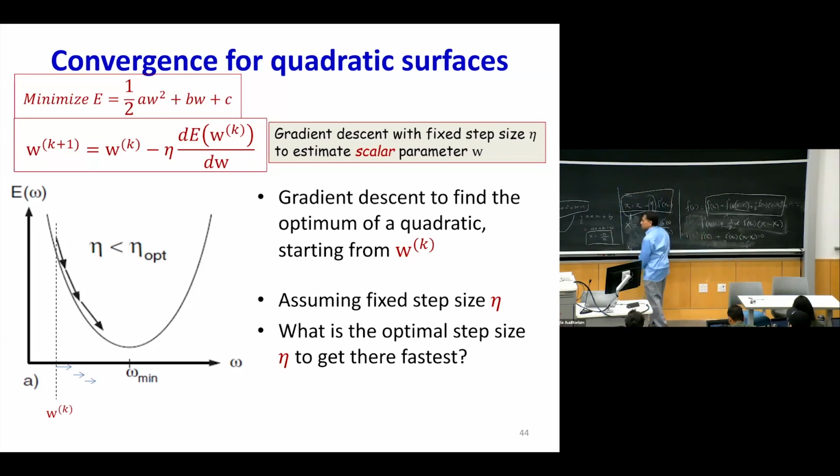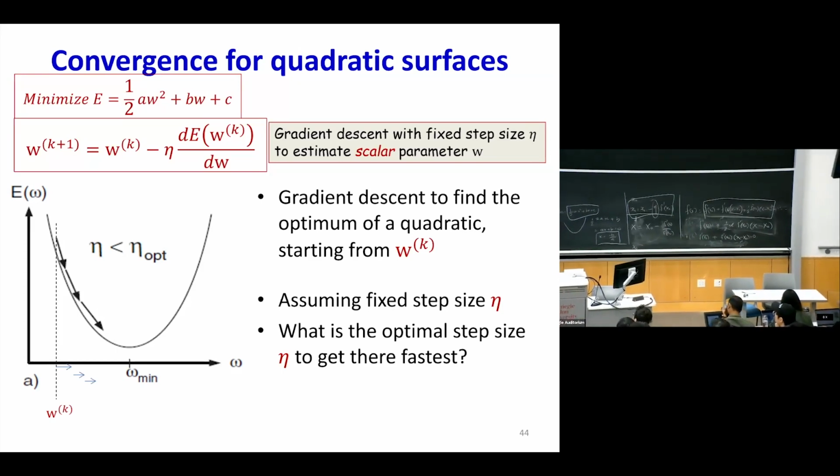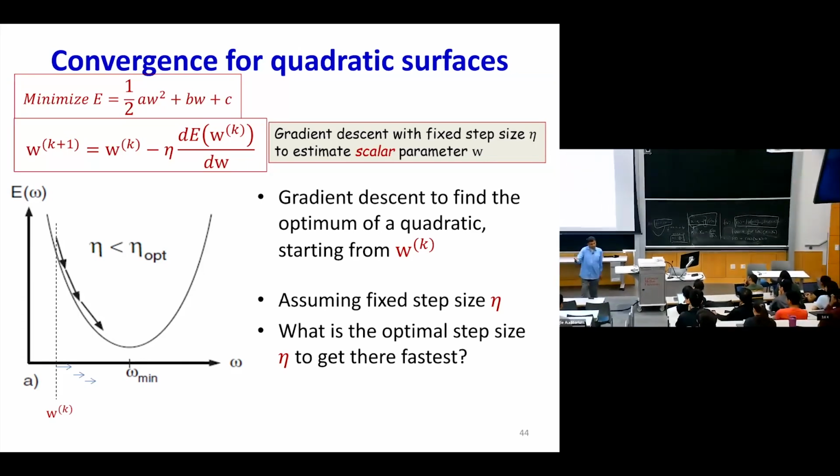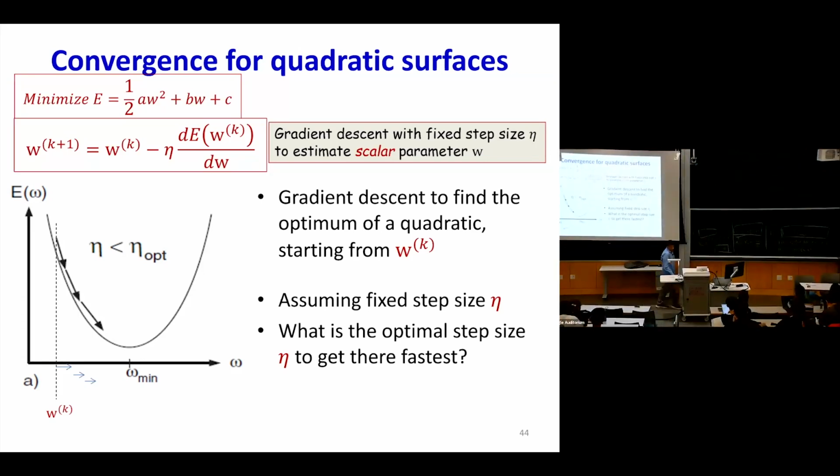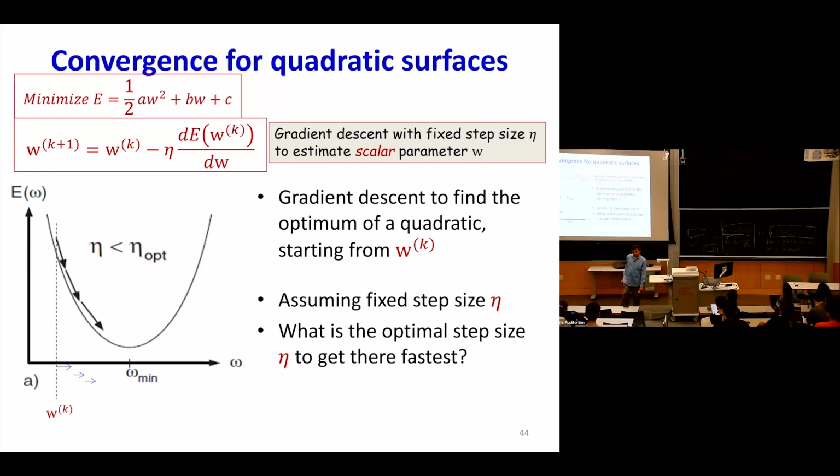And what is my optimum step size? 1 over f double prime. If you just take a step size that's exactly equal to the inverse of the second derivative, it doesn't matter where you start from, you're going to get to the solution in one step, right? So that's basically it.